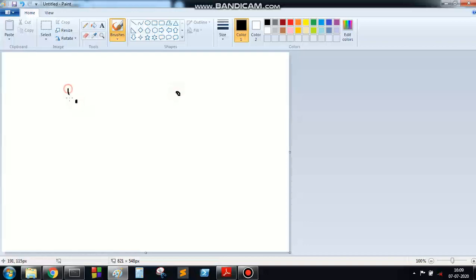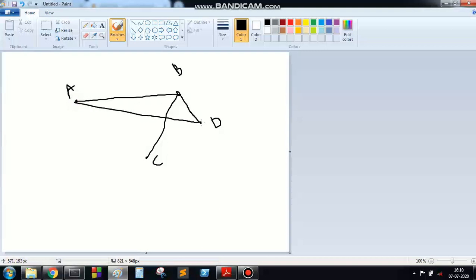Suppose this node is A, this is B, this is C and this is D. Each node is also called a vertex, and they are connected by edges. Let there be no connection between C and D. Let C be connected to B and A be connected to D. Likewise, this is a graph. This is a connected graph.